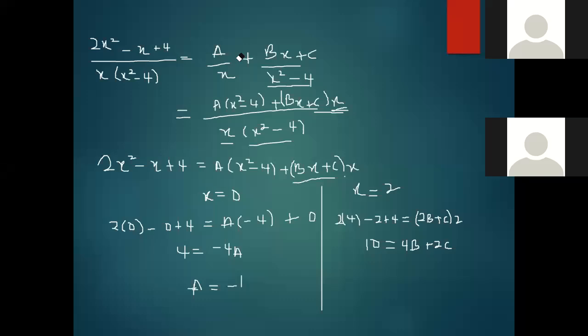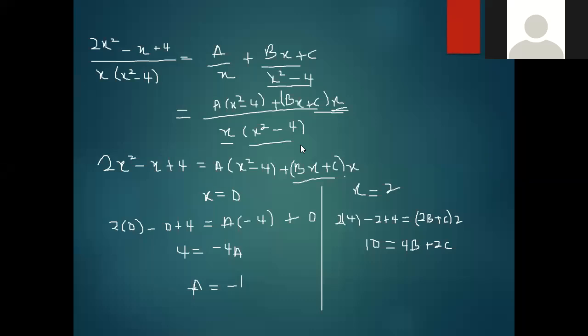Why would we make the other side 0 instead of 2? I don't know whether you were following in class, but the steps are as outlined. After you find one unknown constant, you select another value of x.